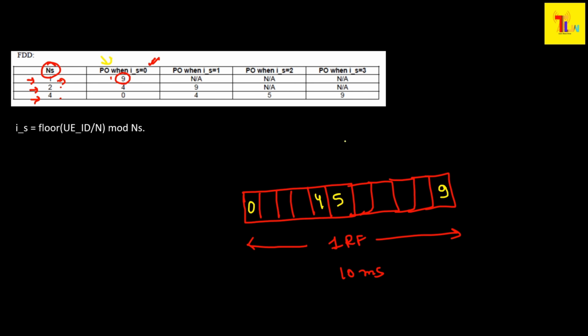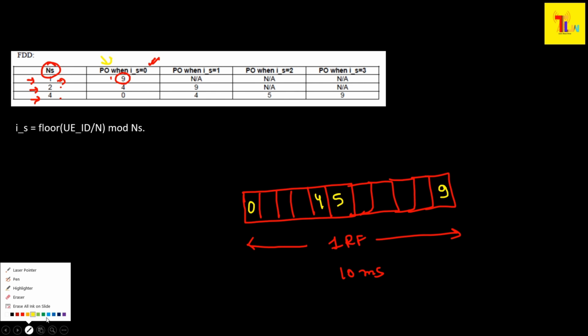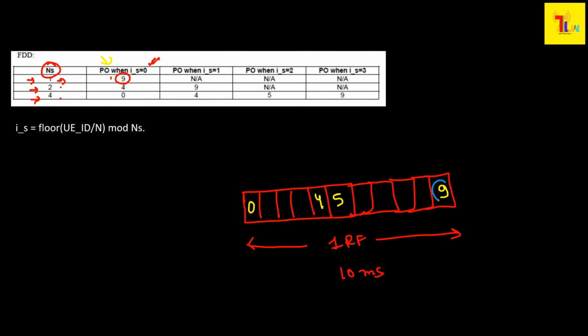It is very simple. I have already shown you the calculation, but here we have it directly from the 3GPP spec. When your NS value is 1 and your IS is 0, then at this subframe only your UE will wake up.